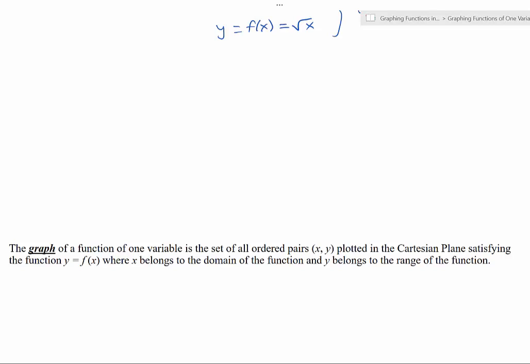So if we took all such ordered pairs that satisfy that equation, even if there are infinitely many, and plotted them all in the Cartesian plane, we would get what's called the graph of the function. So we're going to do a couple now.